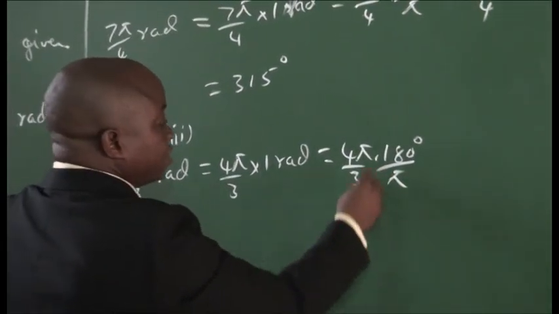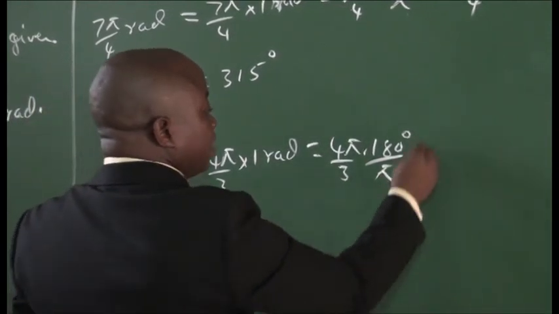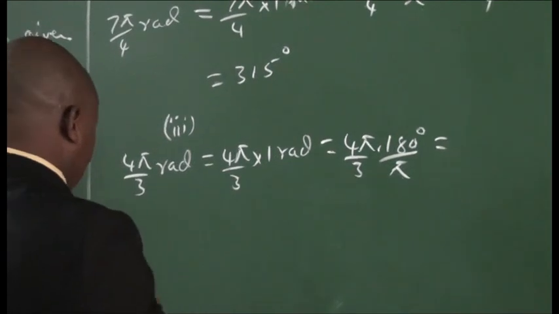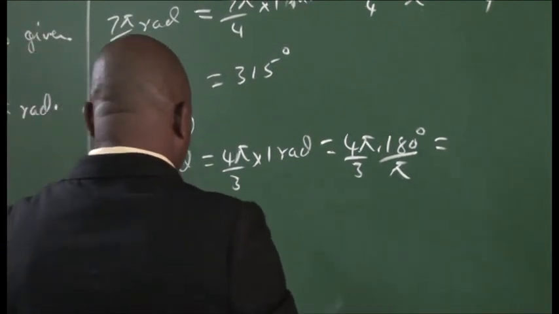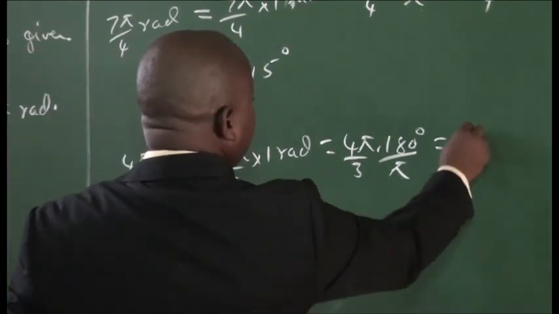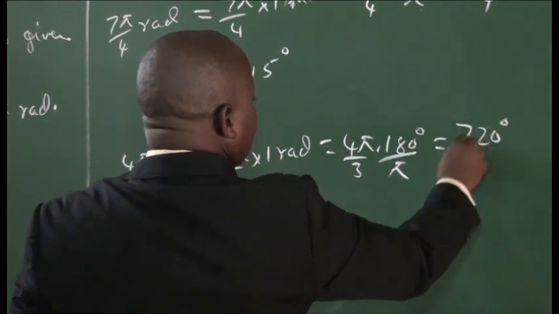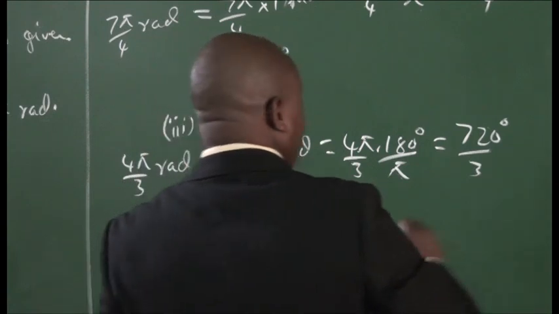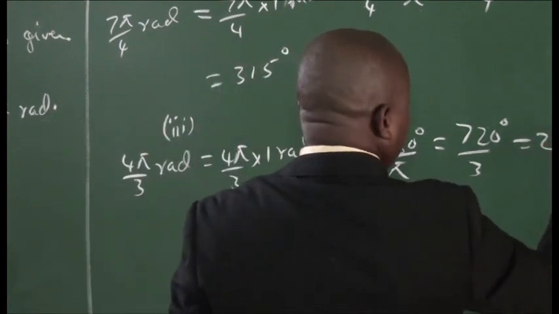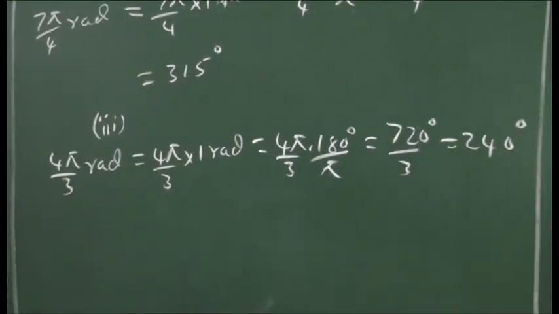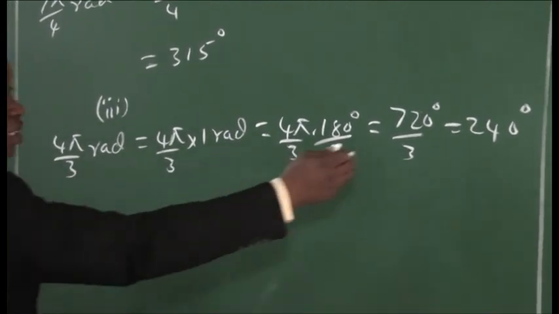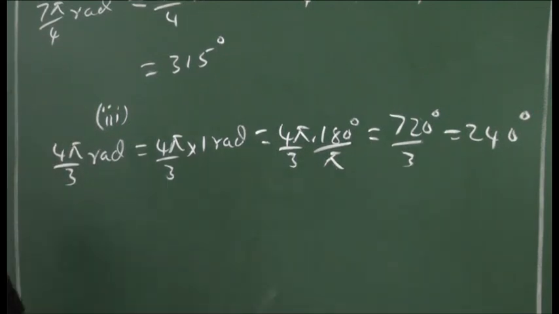Pi can cancel pi. So we have 180 degrees times 4. 180 times 4 gives us 720 degrees over 3. And that gives us 240 degrees. So 4 pi over 3 radians is equivalent to 240 degrees.